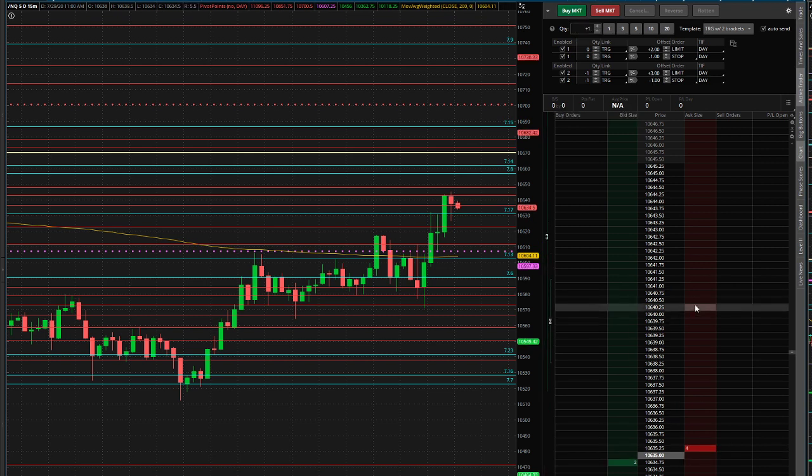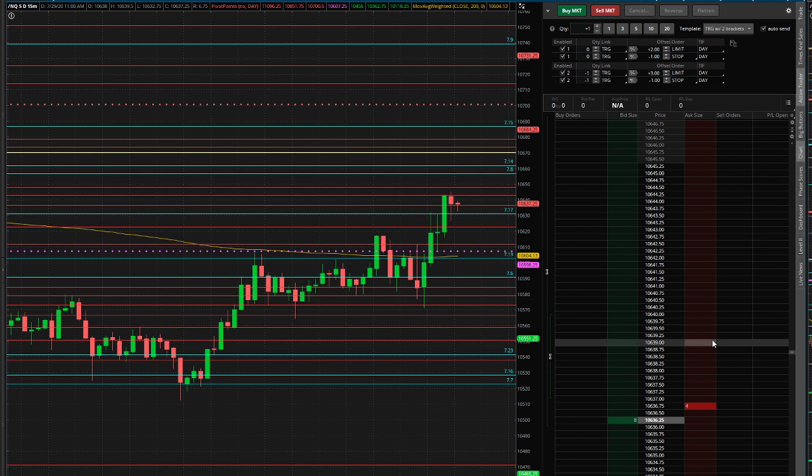But what you would see is, if I got in here at this price at 139, and this would be a short because I'm on the red side, it would show you, in this little space right here, it's just not telling you in the bars like it normally would, that you would have a stop 1 point away for both of your contracts, and then you would have a limit sell for 2 points and then 3 points.